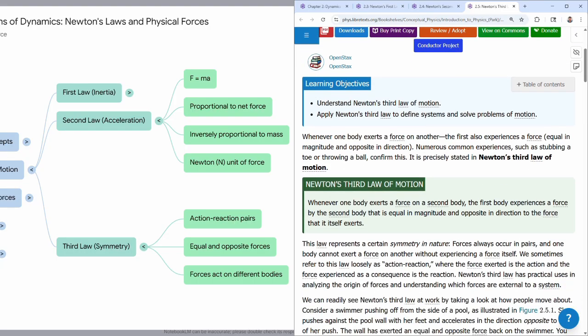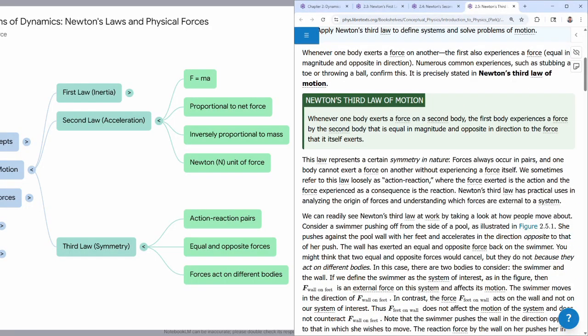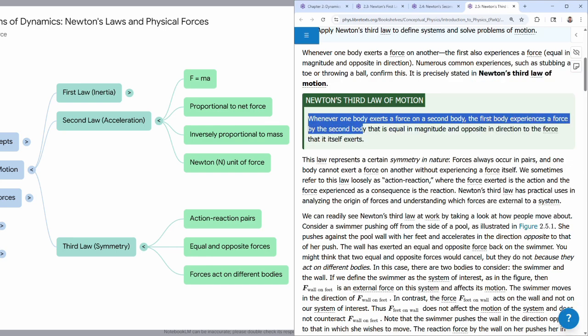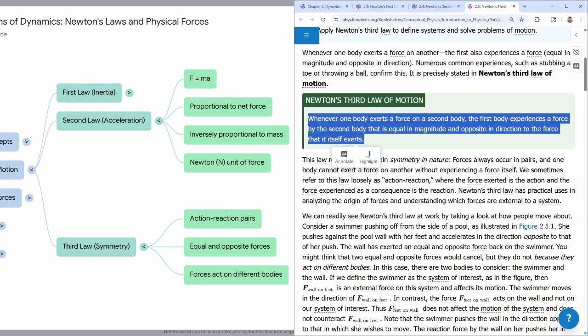So your textbook says, Newton's third law of motion: whenever one body exerts a force on a second body, the first body experiences a force by the second body that is equal in magnitude and opposite in direction to the force that it itself exerts.